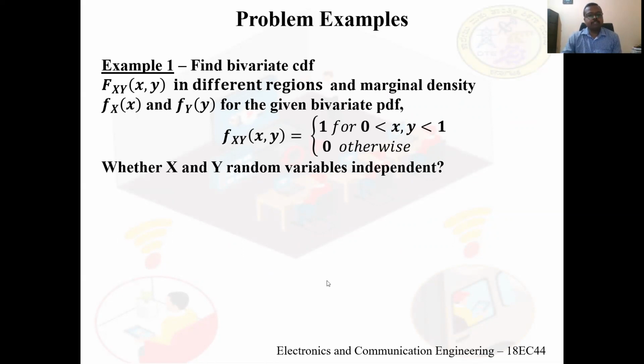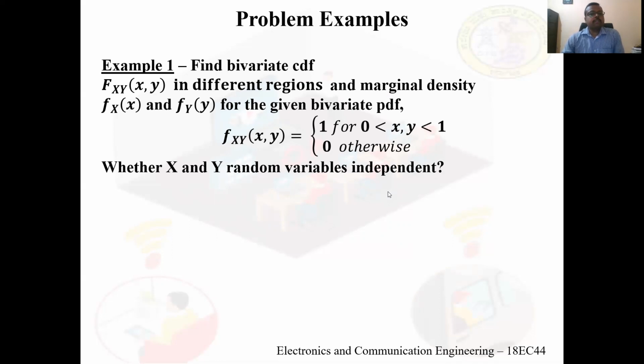The expression given here is f_XY(x, y) equal to 1 for x and y lying between 0 and 1, and for other cases the bivariate PDF is equal to 0. And also you need to find whether these random variables x and y are independent.